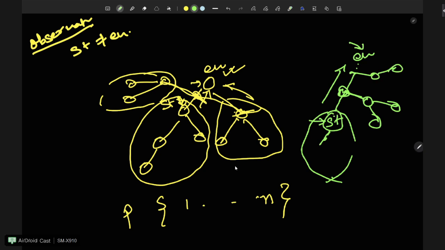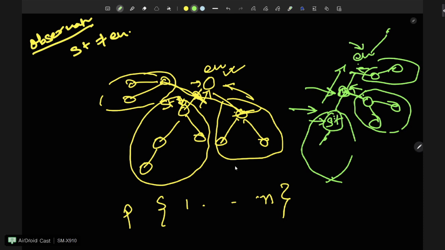So you have to go last level first, then second last level, basically st, then the nodes which are between st and en, traverse the whole subtree, come back to this node, then traverse the whole subtree, come back to this node. En can also have other subtrees, so from here it can go to another subtree, and at the end it should traverse back to en.